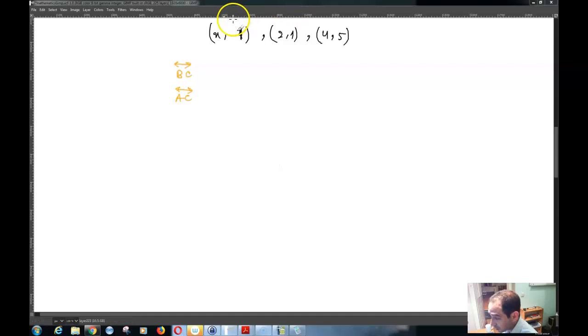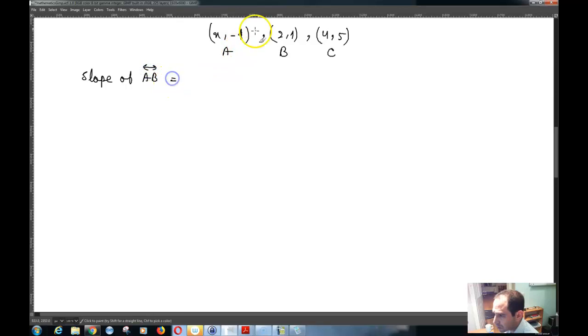So now let's suppose that I call this point A, B and C, and then what I can do is find the slope of the line AB, which is the same thing as the slope of a line. How you can find it, you already know that.